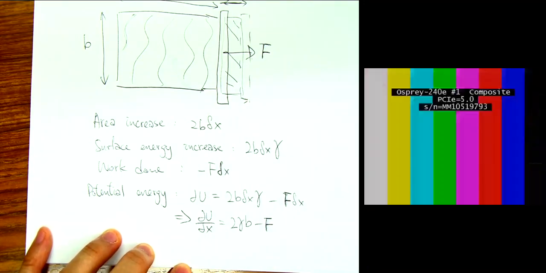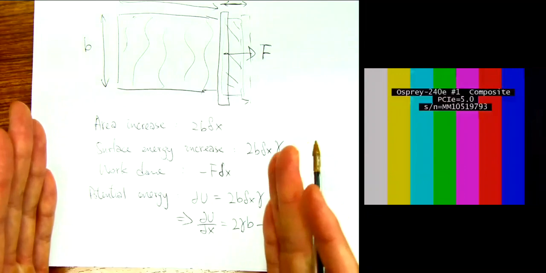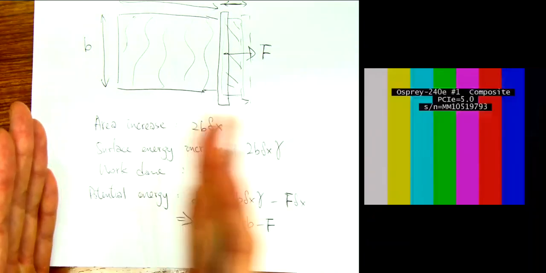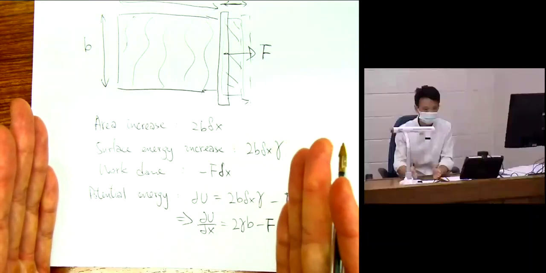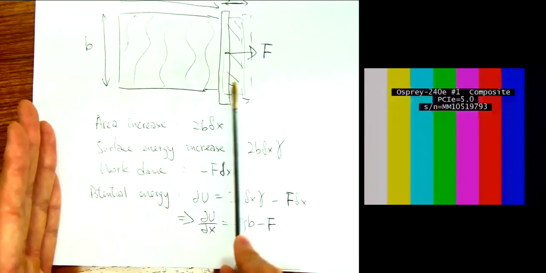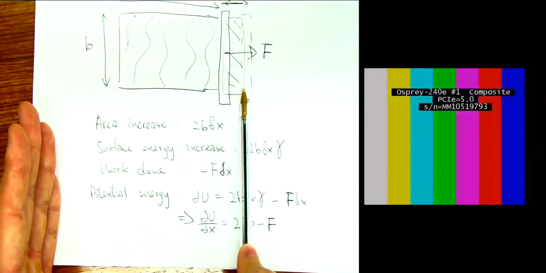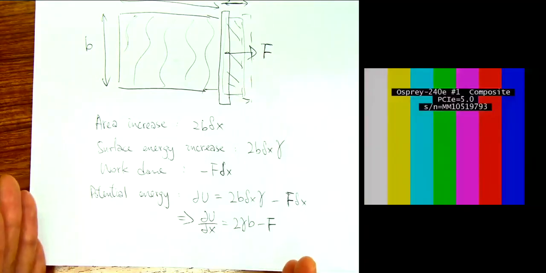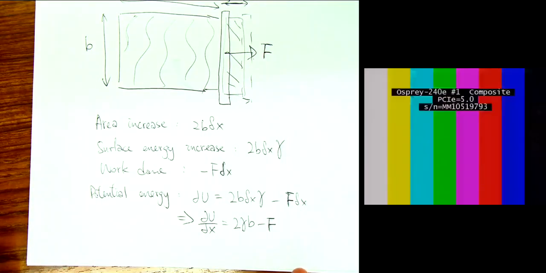If the system is in equilibrium, that means that there's no more movement. I put a force there. The liquid film goes from here to there, and then I stop. The film stays there. Everything is in force equilibrium. And in force equilibrium, at the same time, the derivative of the potential energy is 0. Okay?